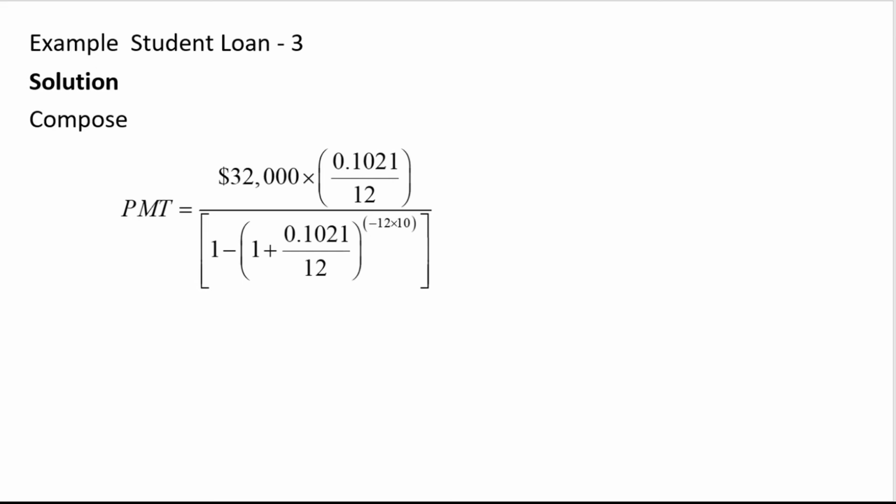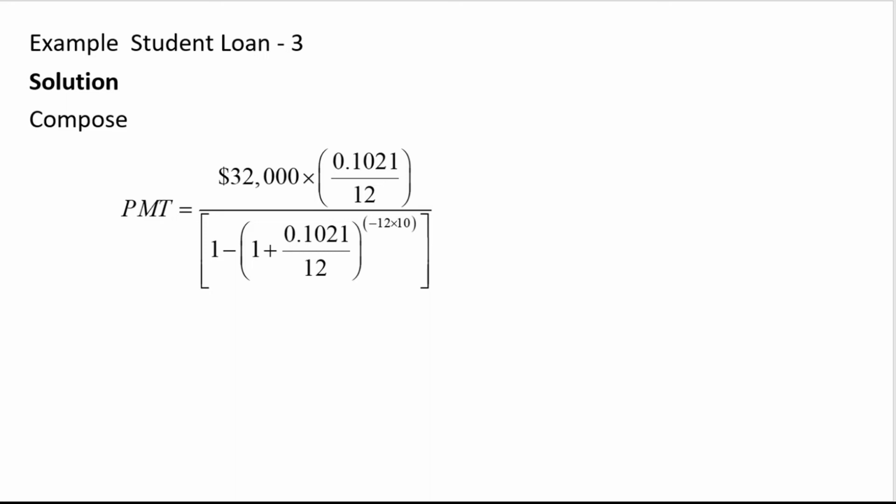Let's compose and solve. PMT equals, replace the P with 32,000 times, and then for the APR, replace with 0.1021 divided by N, which is 12. Replace the components in the denominator as well.